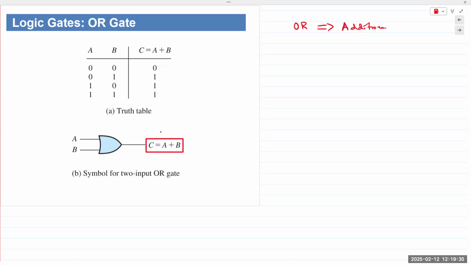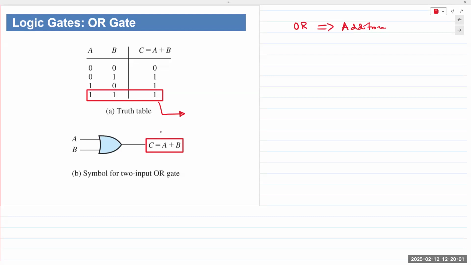So the question being asked is, why is the output of 1 and 1 equal to 1? In binary math, we saw 1 and 1 would give a sum equal to 0 and a carry of 1. That's a very good question, but here that represents the carry bit.